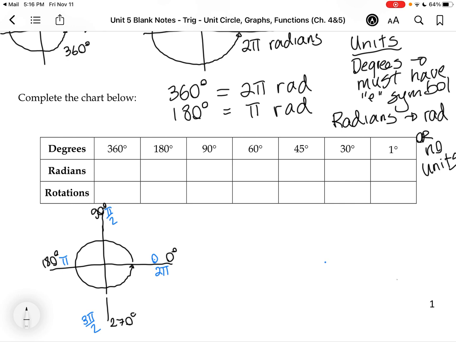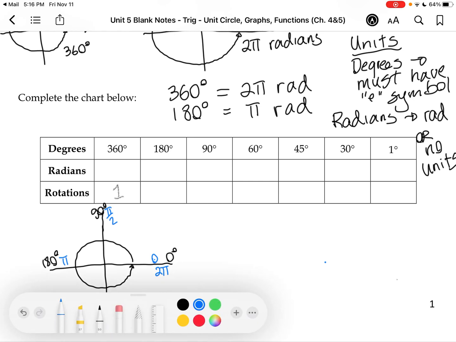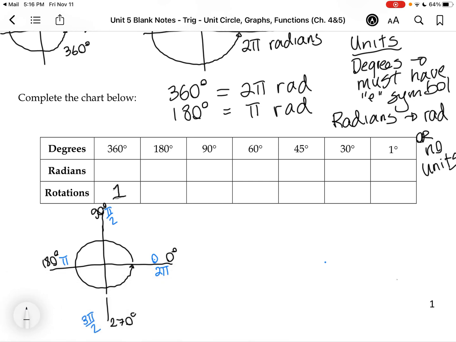Okay, so I'm going to do this in terms of rotations first. 360 degrees is 1 rotation. 180 is half a rotation. 90 is a quarter of a rotation. 60 degrees, well, 60 over 360, what proportion of a rotation is that? 60 over 360 is 1/6, so this would be 1/6 of a rotation. 45, that's eighths, because the quarter would be 90, so 45 degrees would be 1/8 of a rotation. 45 over 360 is 1/8.